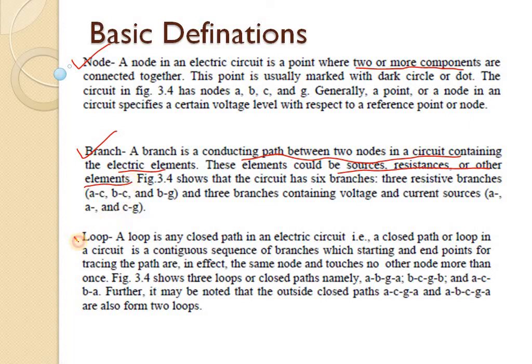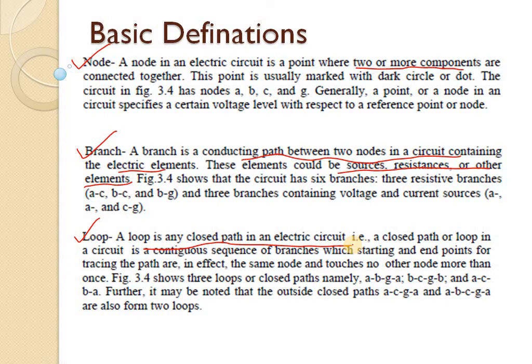Third one is loop. A loop is basically a closed path in an electric circuit. That is, a closed path or loop in a circuit is a contiguous sequence of branches with starting and end points for tracing the path being in effect the same node, and touching a node no more than once.